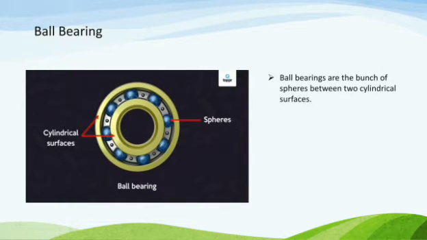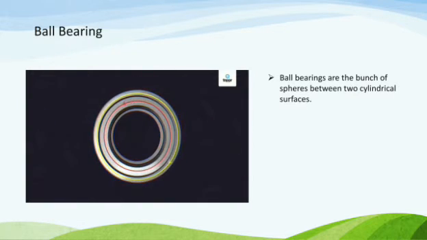Okay. Have you ever seen the ball bearing? No idea? It's okay, no issue. Observe the video then. The ball bearings are a bunch of spheres between two cylindrical surfaces. Okay.